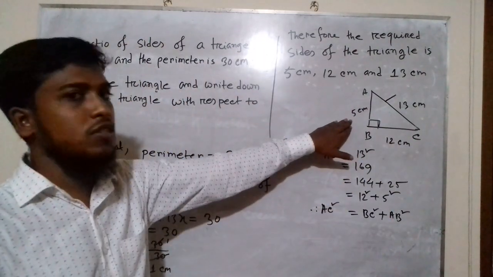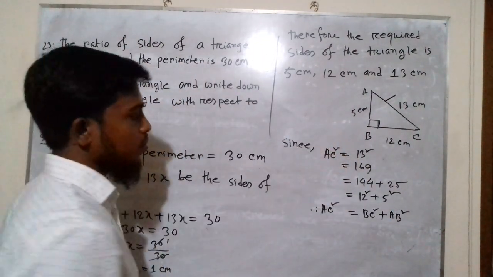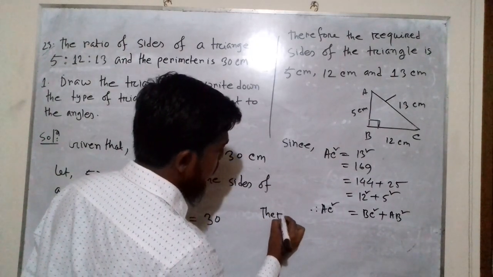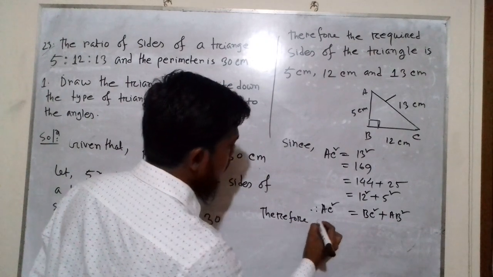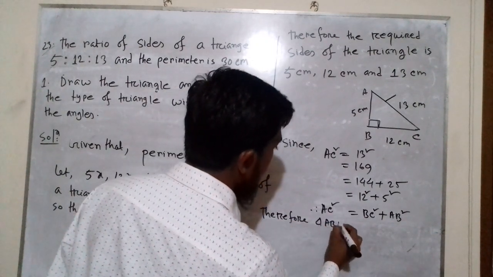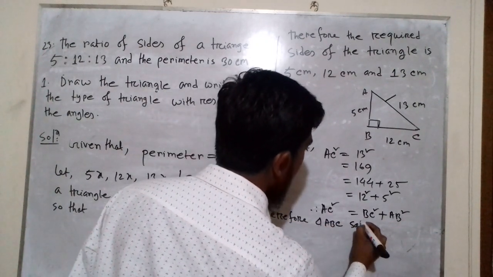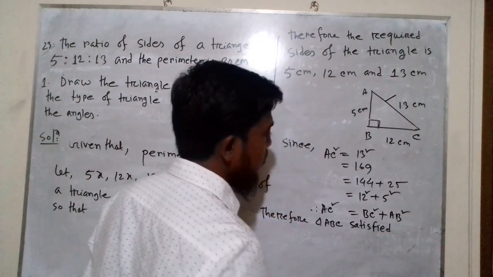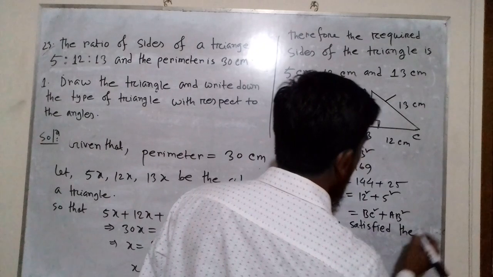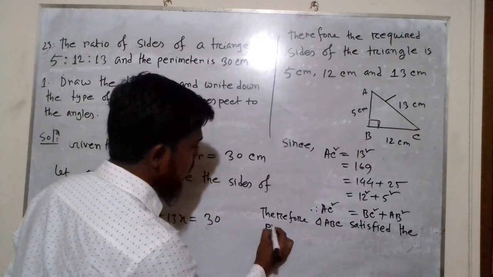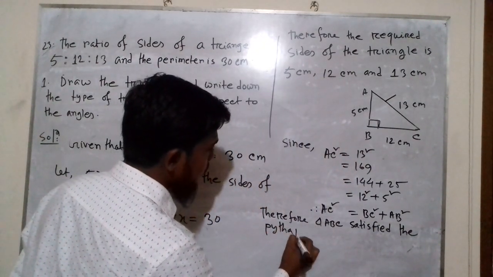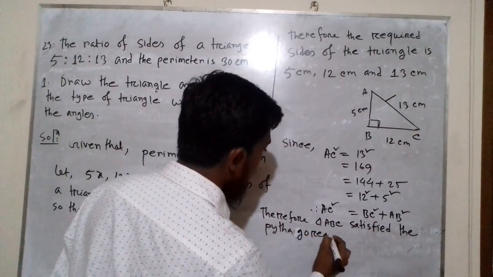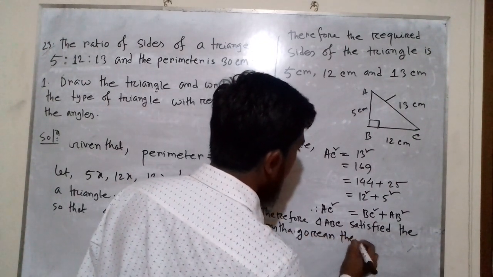So the triangle satisfies the Pythagorean theorem. Therefore triangle ABC satisfies the Pythagorean theorem.